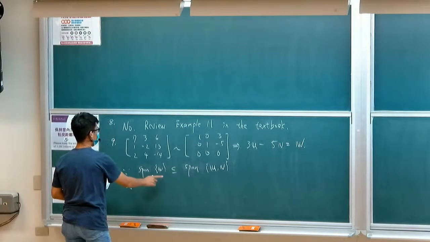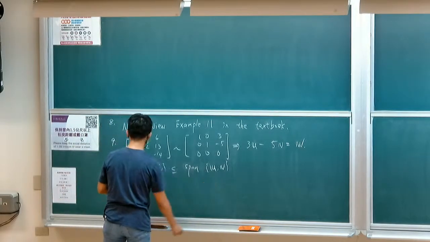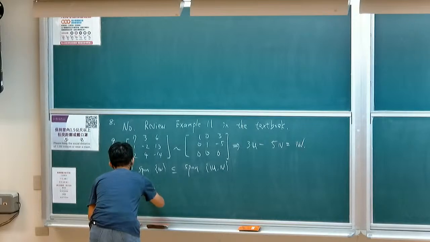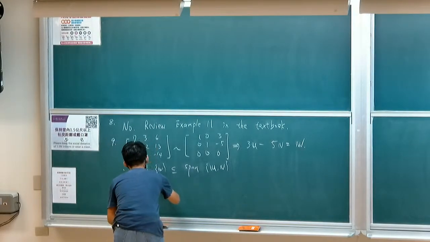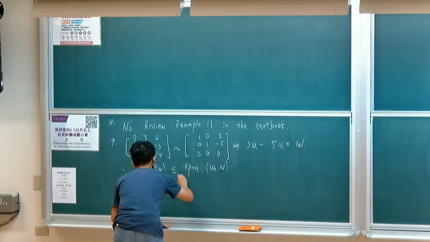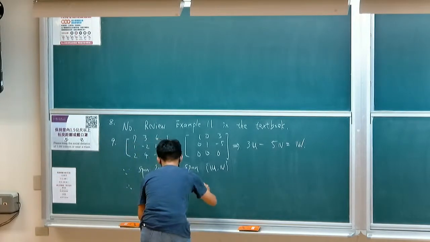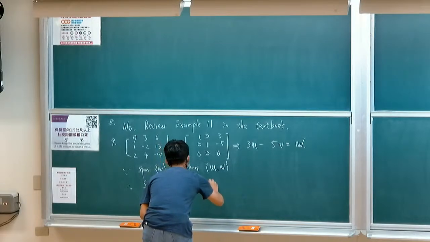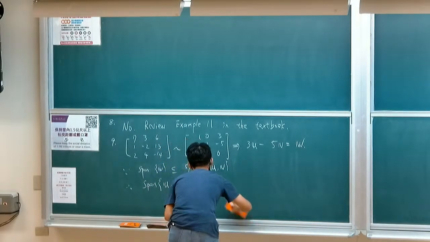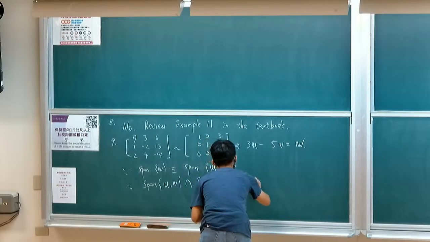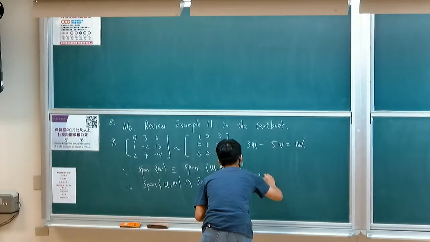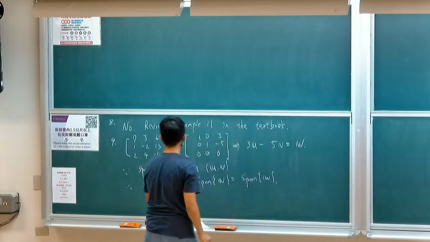Since span w is inside span of u and v, we have the intersection of span u and v and span w is span w. Why?